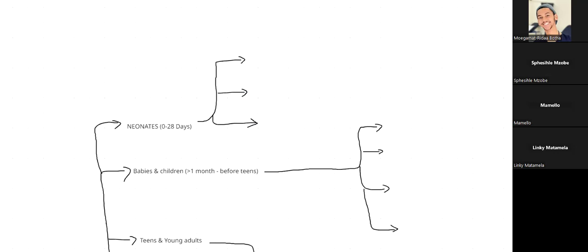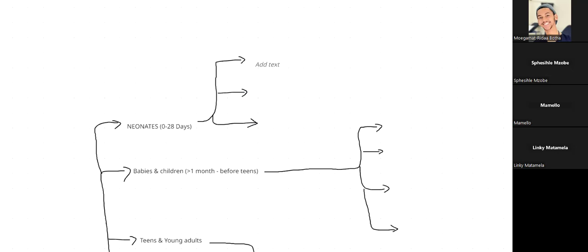So, what are the causes under the neonatal aspect? We have the group B streptococcus, which we just abbreviate as GBS.